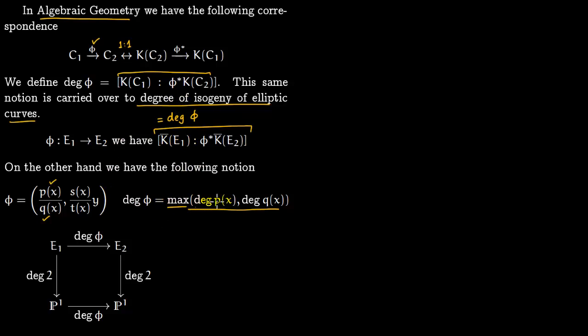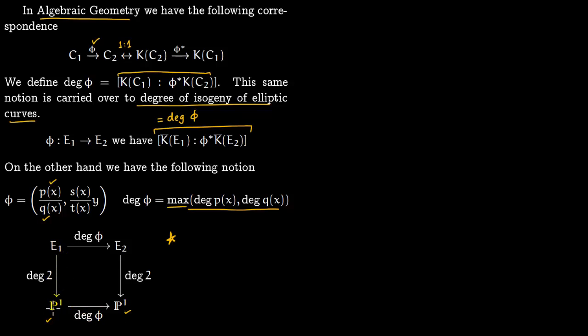This problem is simplified by using a commutative diagram. In this commutative diagram, we take our difficult problem, talking about the degree of our isogeny from elliptic curve 1 to elliptic curve 2, to the projective space, P1 to P1.